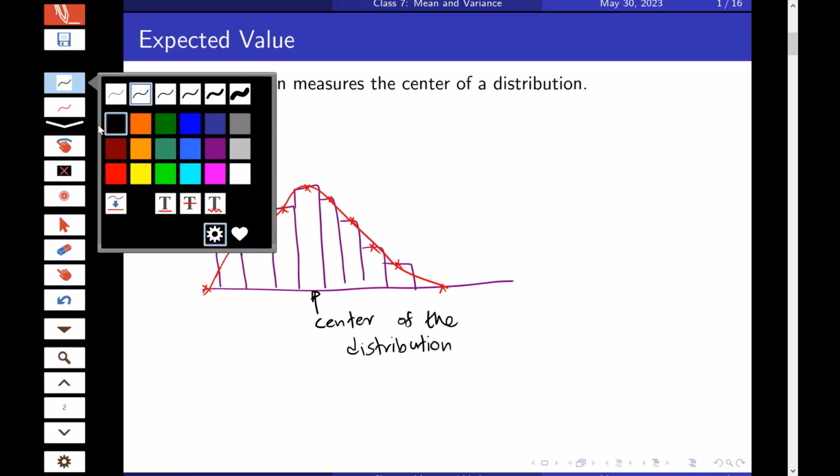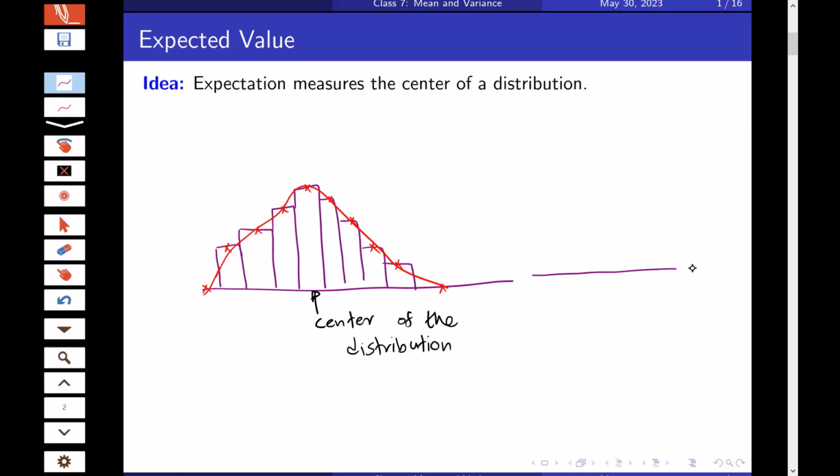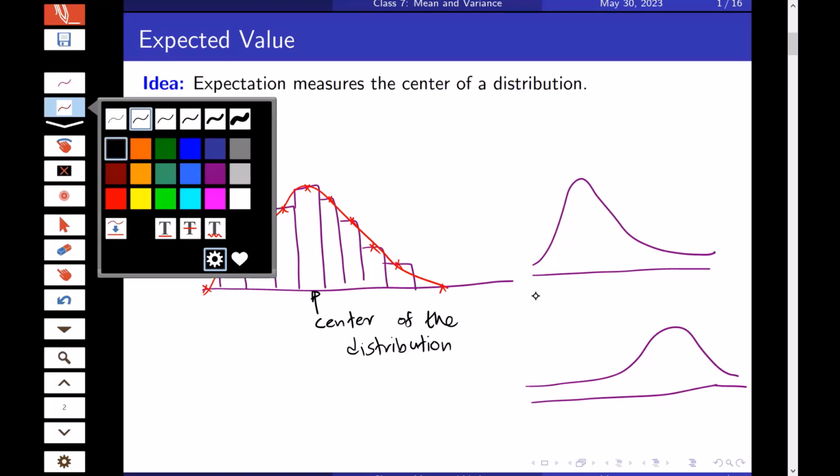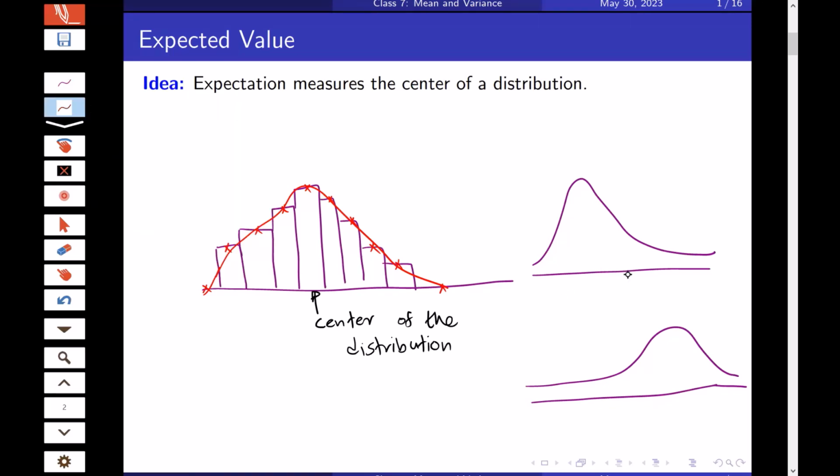There are some situations where you can see skewed data sets, skewed to the right or skewed to the left. In this case, the center is not going to be exactly the middle. The center will be somewhere here.